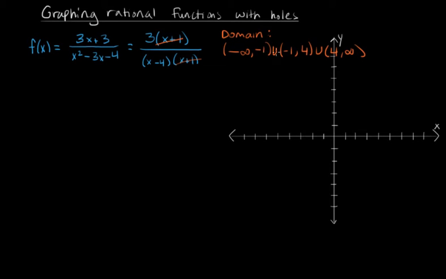Nothing about that changes, so you still can't put in -1 because it still makes the denominator equal to 0, and that is still not okay.